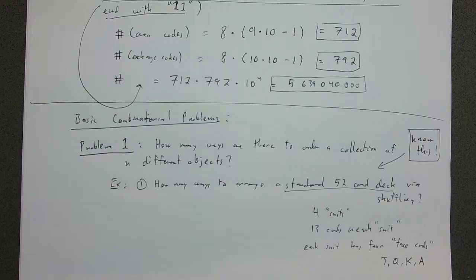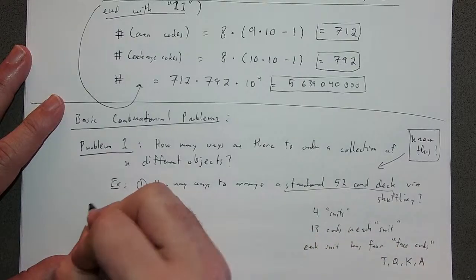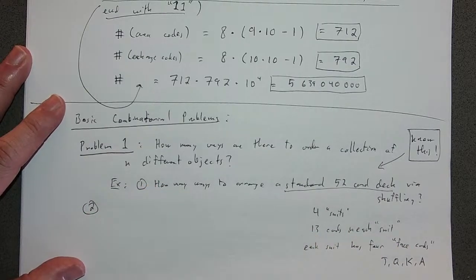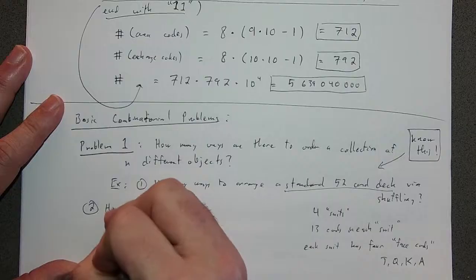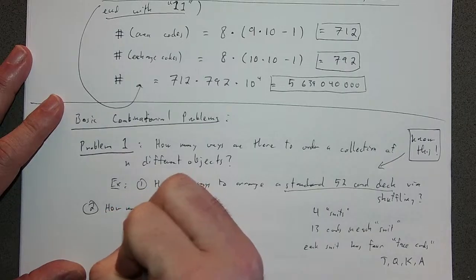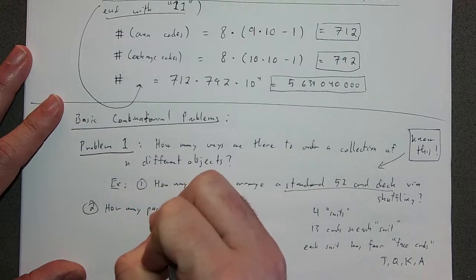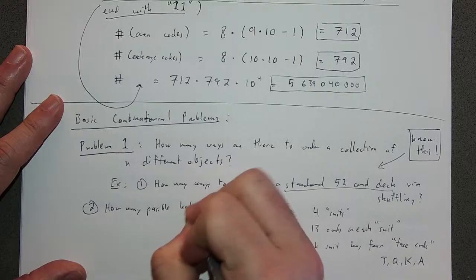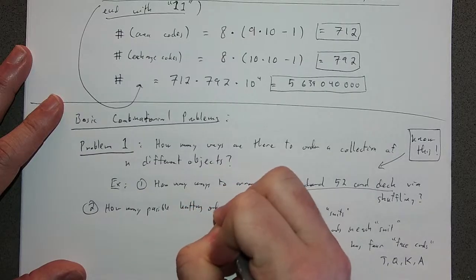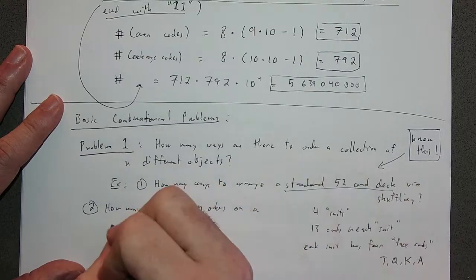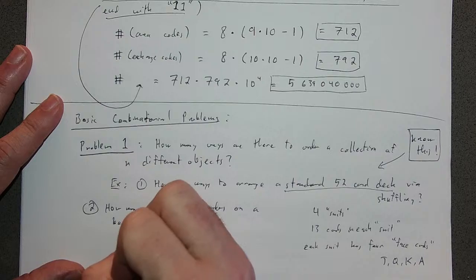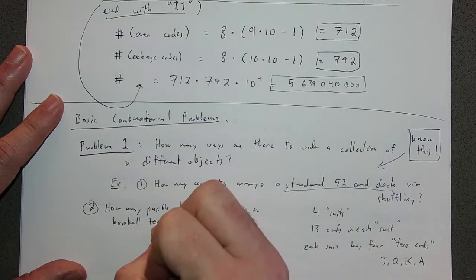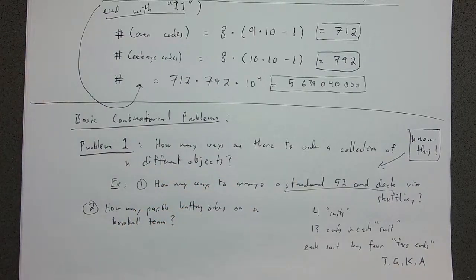This is a classic sort of question I could ask. How many batting orders on a baseball team? So how many possible batting orders on a baseball team is another example.